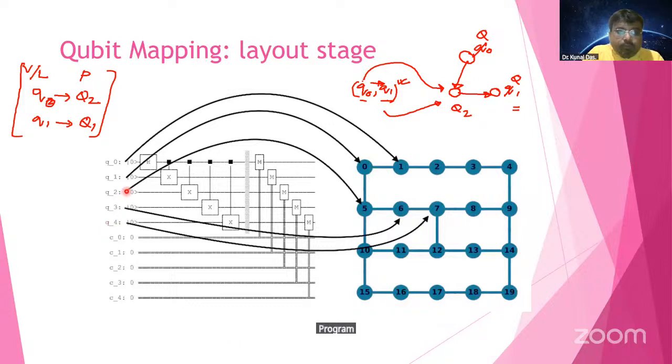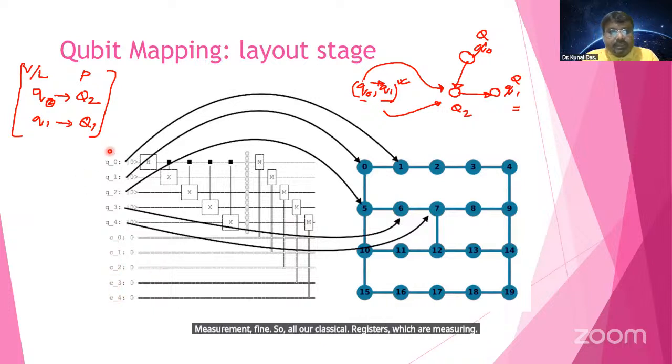In this 5-qubit program, first you apply Hadamard, then CX, fine, then CX again. After that you have a barrier, then you make a measurement. All are classical registers which are measured. So this is your virtual or logical circuit.